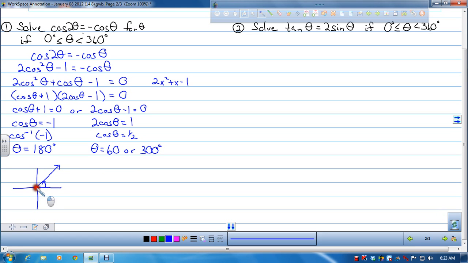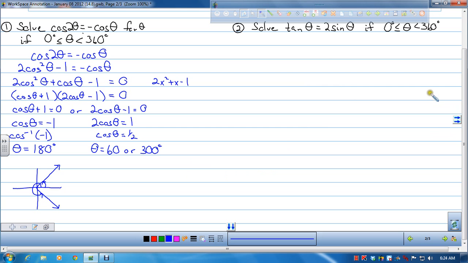And then 300 degrees all the way around there, right? So that was those two. So I've actually got 3 primary solutions for this. Okay? And that would be all you need to do there.